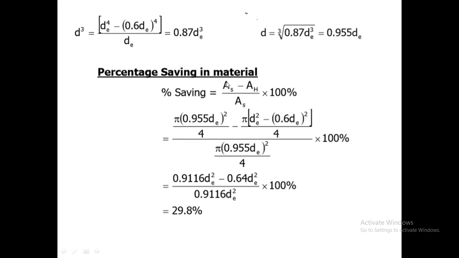We substitute the cross-sectional area of the solid shaft, pi d square by 4, where d is in terms of the external diameter of the hollow shaft, and the area of the hollow shaft will be pi times external diameter square minus internal diameter square, by 4. These are the standard equations. We substitute that, and multiply by 100 to get the percentage. We get 29.8% saving when you replace the hollow shaft with a solid shaft.